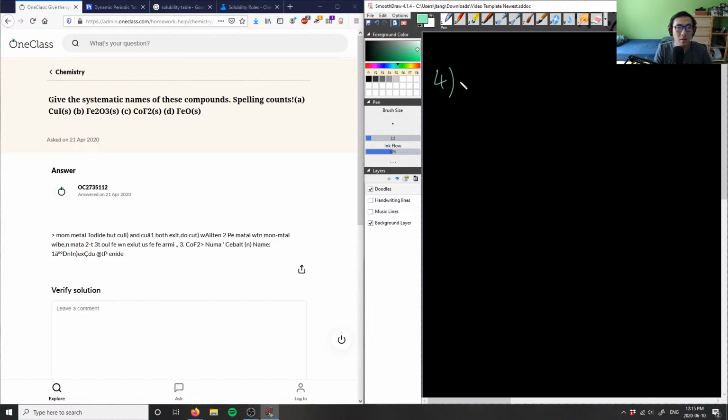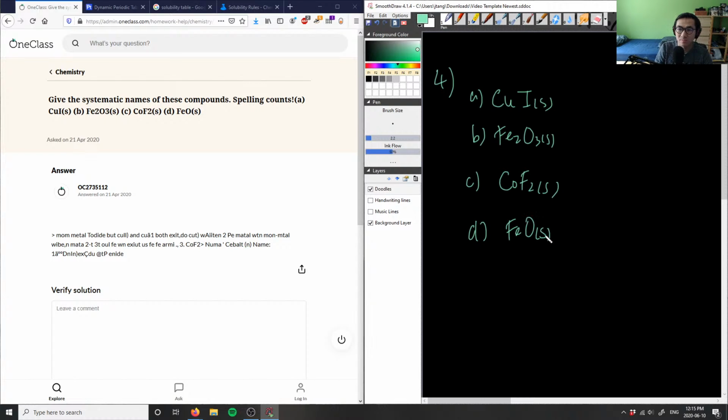So I want the systematic names for the compounds here. A is CuI. B is Fe2O3, solid. C is CoF2. And D here is FeO.